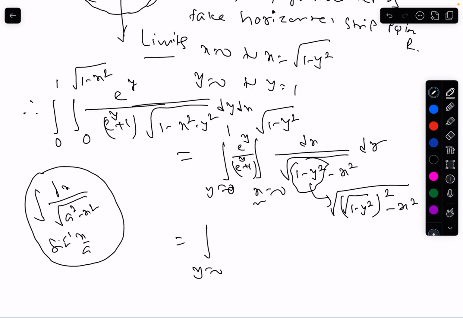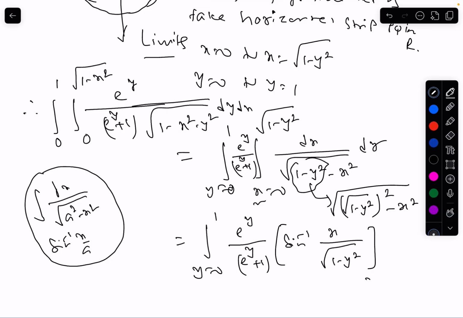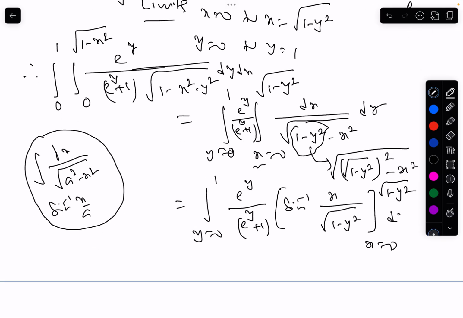So this is y equal to 0 to 1, e power y over e power y plus 1. This integration is sine inverse x by square root 1 minus y square, and x equal to 0 to root 1 minus y square.